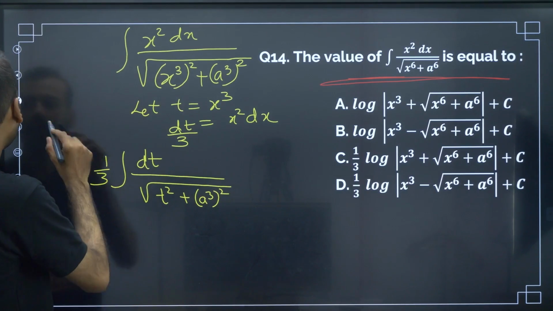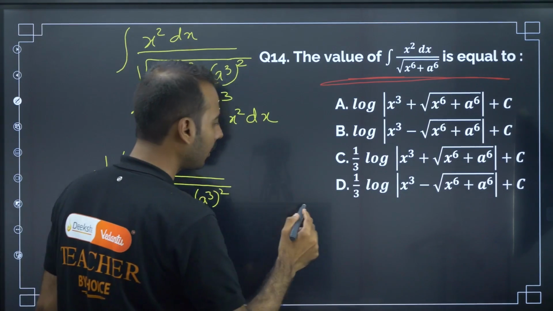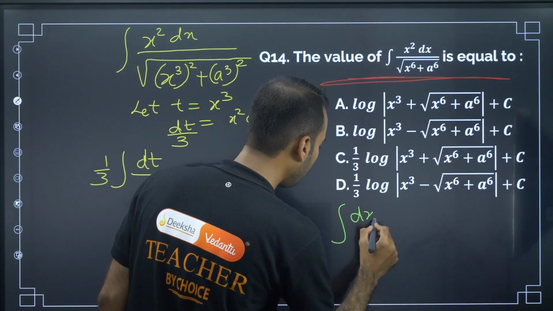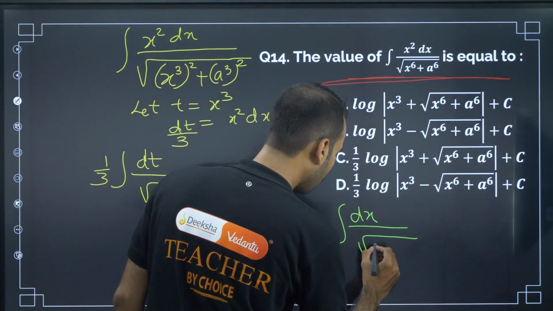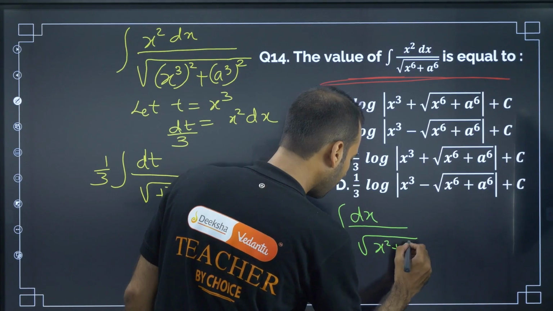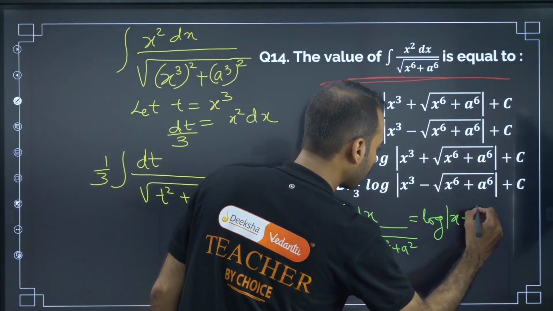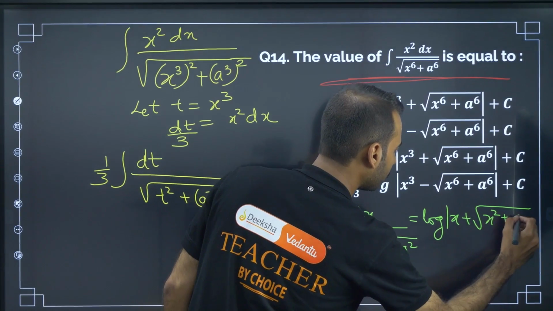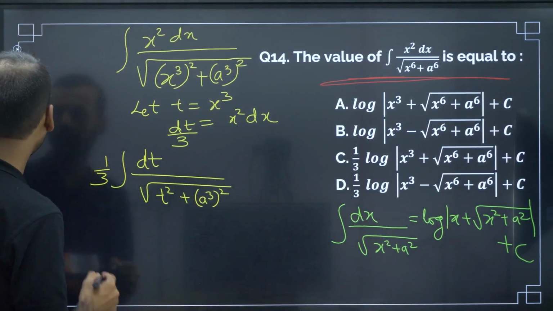Now one standard integral you should be able to recall at this time after seeing this. Integration of dx by root of x square plus a square is log mod x plus root of x square plus a square. This is one standard integral that you should be able to recall.